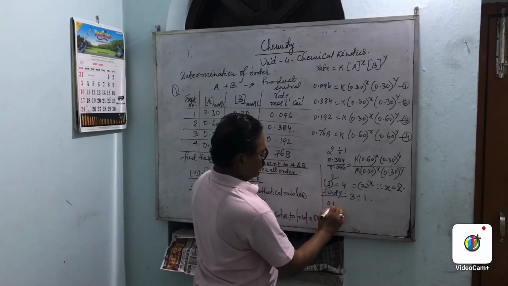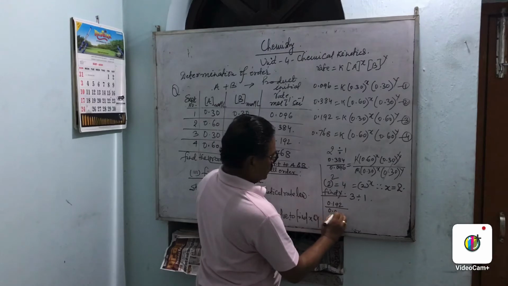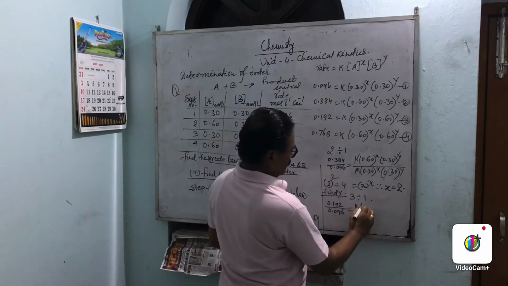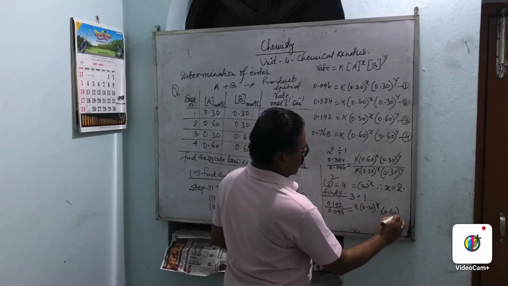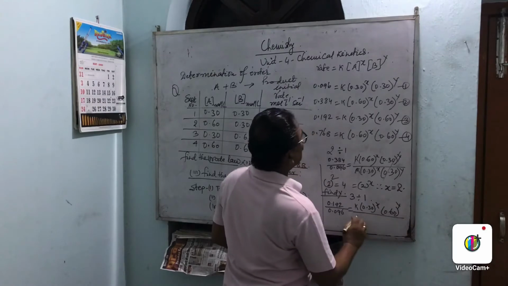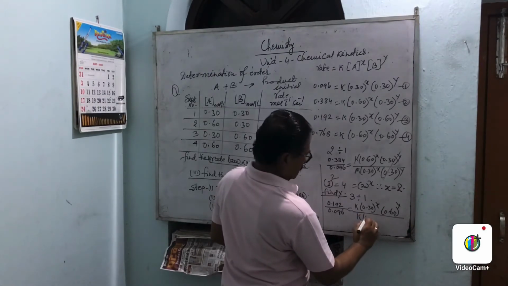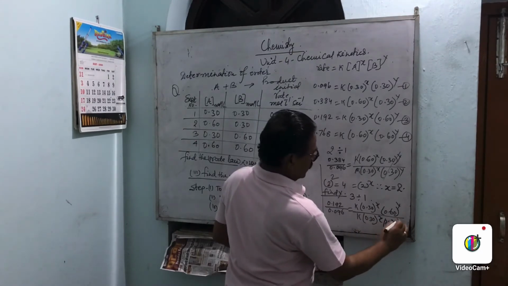This is 0.192 and this is equal to 1, 0.096 is equal to K, and this is 0.30 to the power X, 0.60 to the power Y, and this is equal to K, this is 0.30 to the power X, and this is 0.30 to the power Y.